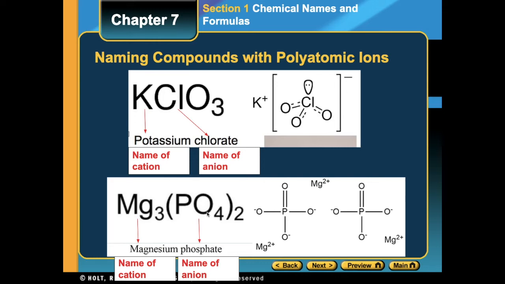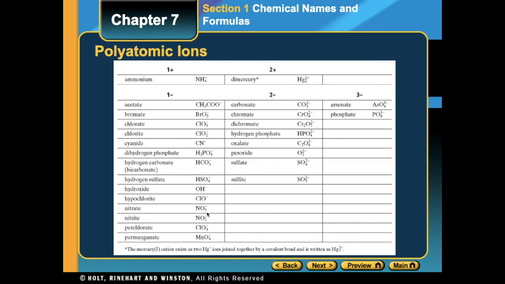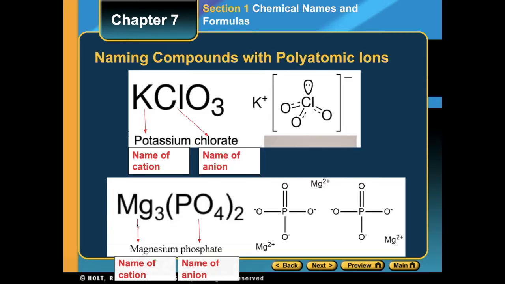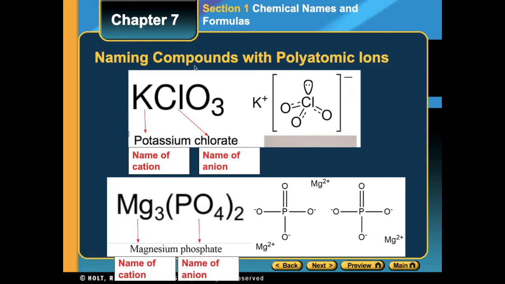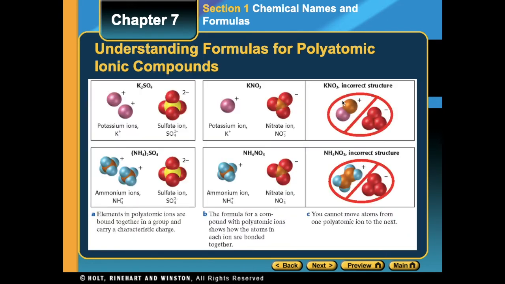We're just going to give the name of the anion from this table that you guys see right here. Okay, we're not going to erase the end of its name and add "ide" in the end. It's just going to be whatever the name you find here. So, name of the cation and the name of the anion. Okay, that's how you name an ionic compound which contains a polyatomic ion. Okay. All right.